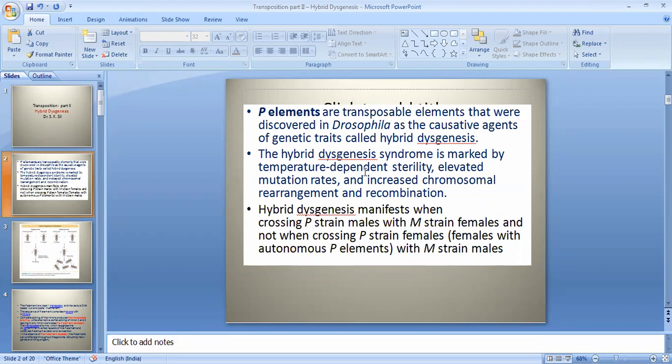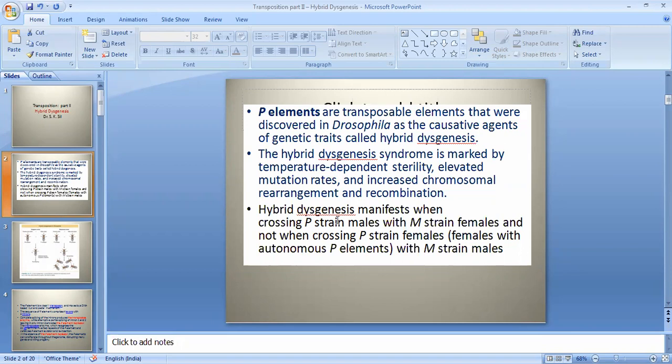It means that if temperature is elevated, they are no longer capable of producing offsprings. So overall, we find a lot of morphological changes due to mutations, and so far as reproduction is concerned, they produce sterile offspring in the F1 generation.